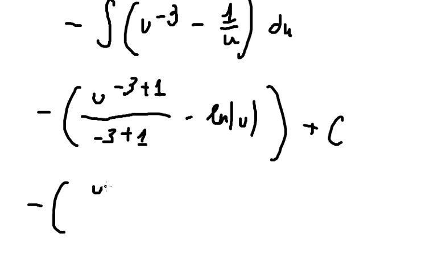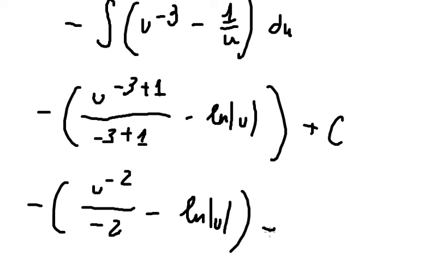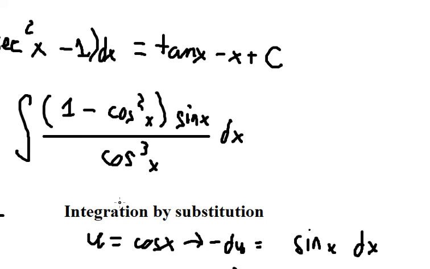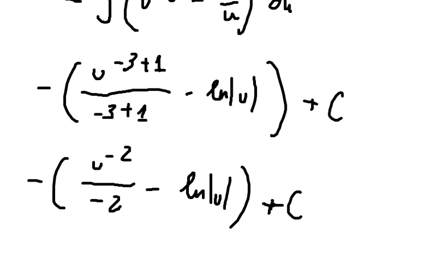This one we have negative 2 about u, that is cosine x.